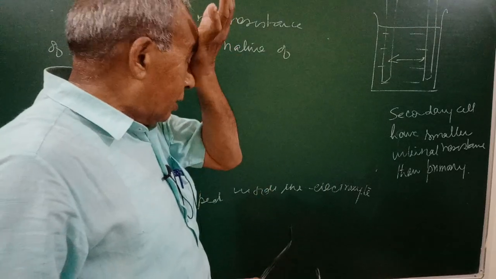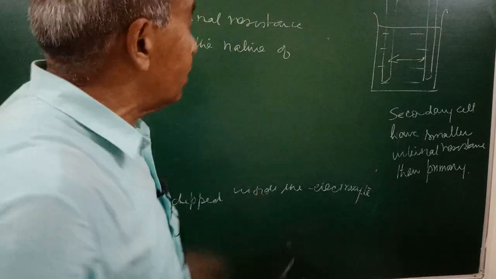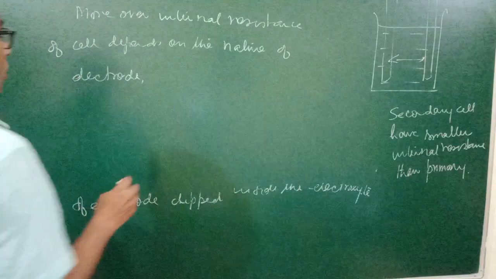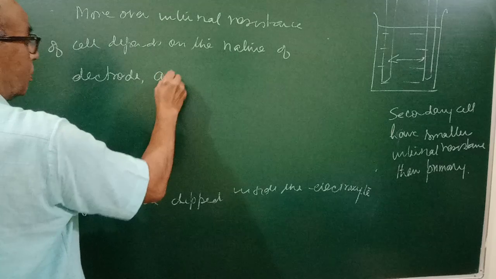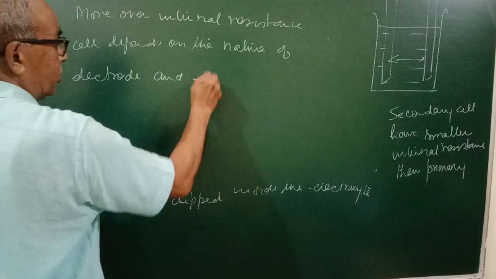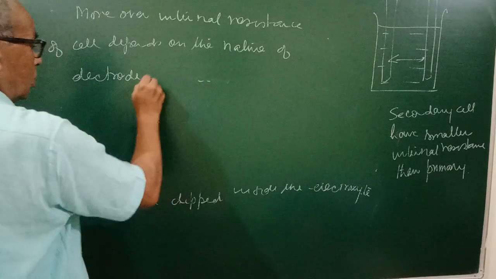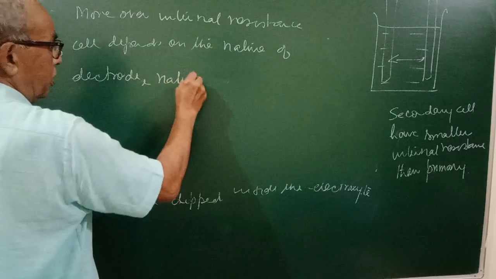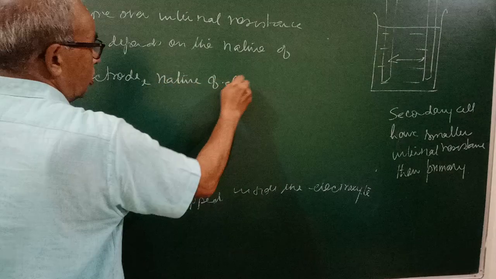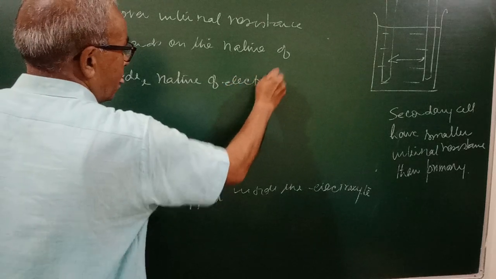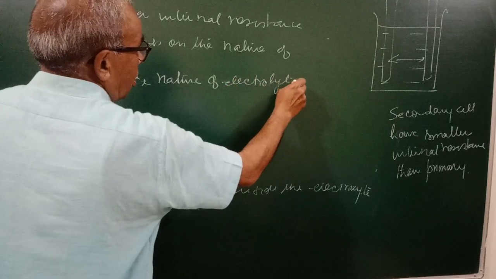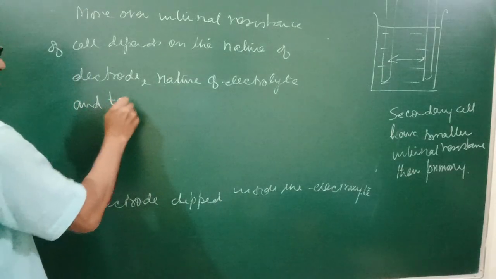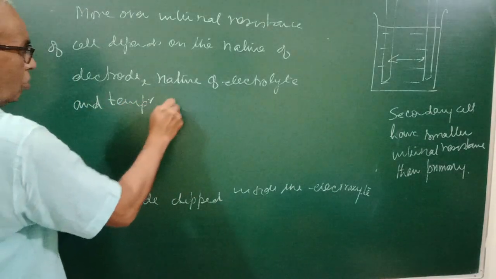So that carbon has greater resistance than copper, etc. Nature of electrodes and nature of electrolyte, and temperature of electrolyte.